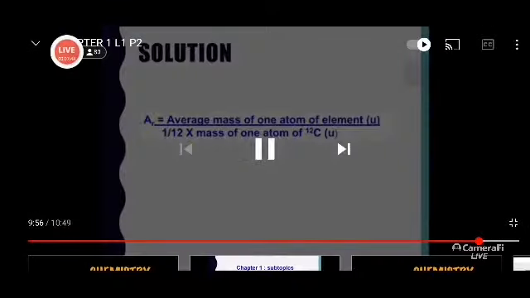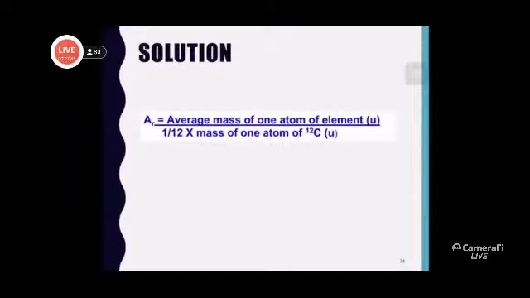Alright. Magnesium, this is the equation. Ar equals average mass of one atom of element in unit U over 1/12 times mass of one atom of carbon-12. To calculate this, just insert the values into the formula.